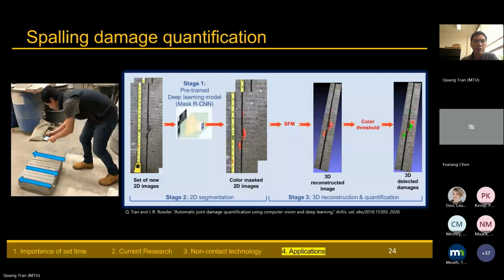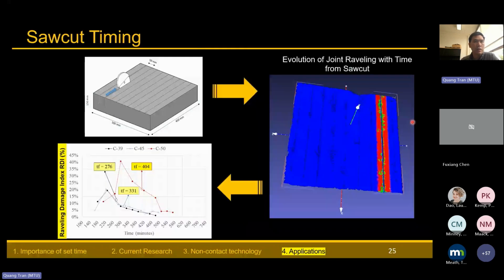Right? So with that, just like I mentioned, I make a socket at different times on the slab, and the purpose of doing that is to build the raveling damage progress over time, as you can see in this plot.